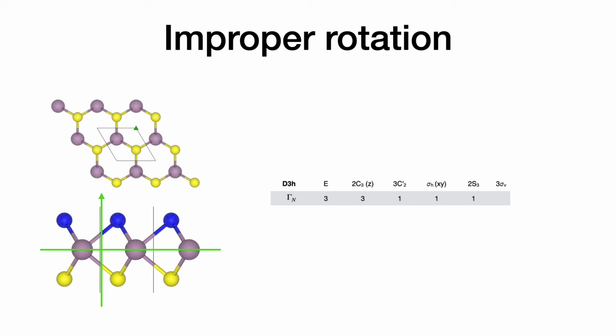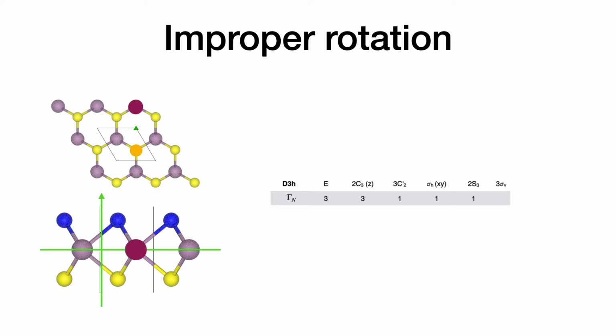S3 symmetry, S3 is a threefold symmetry followed by a mirror plane. So I showed the rotation axis in green with an arrowhead, and I showed the plane, horizontal, going through the molybdenum. If we start from these atoms, for example, we know that the molybdenum atom is going to move there, and then the reflection is nothing since the plane goes through the atom.